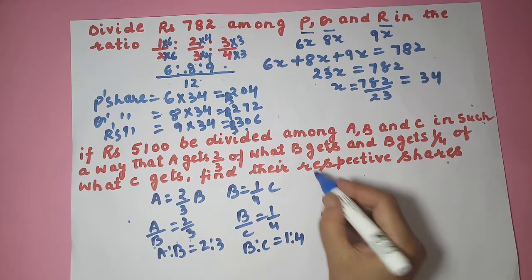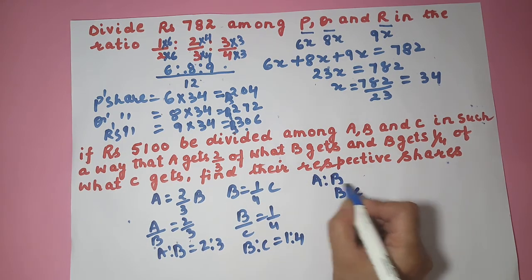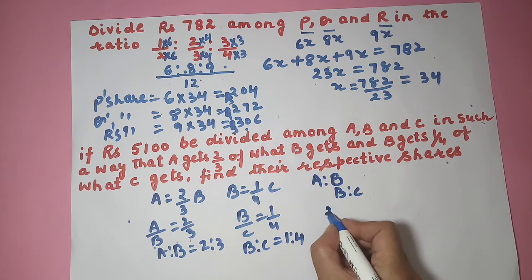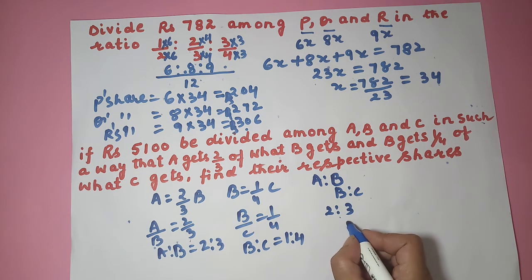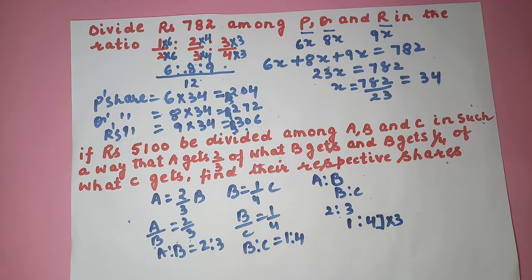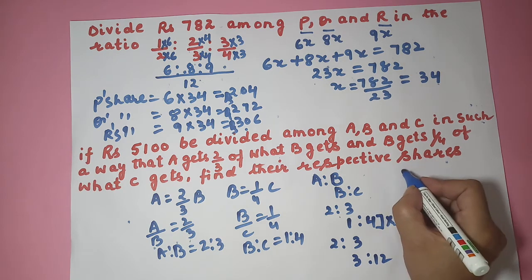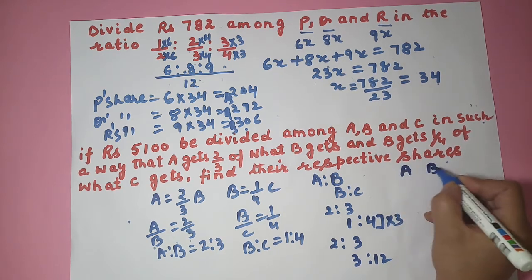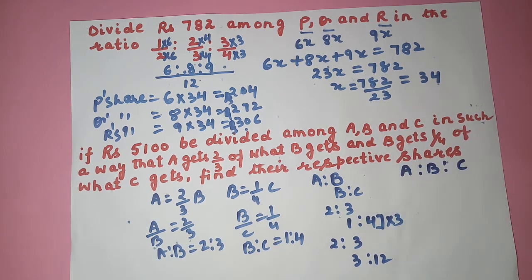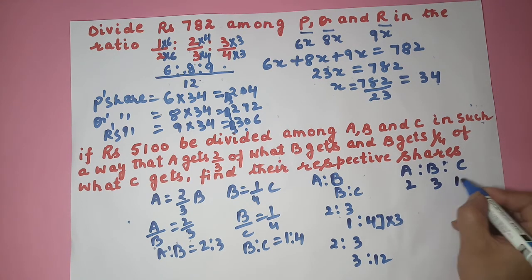Now, same method, A is to B and then B is to C. So what is my A is to B? 2 is to 3. And what is my B is to C? 1 is to 4. So I need to multiply this by 3. I'll get 2 is to 3 and then 3 is to 12. So now what is A, B and C? 2 is to 3 is to 12.